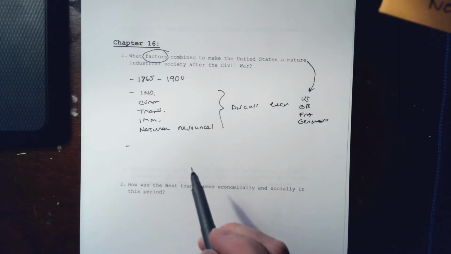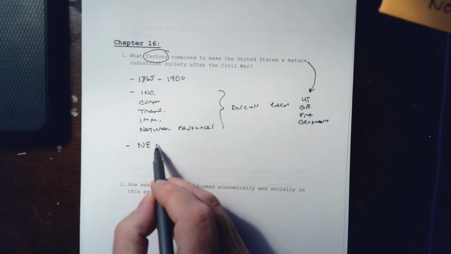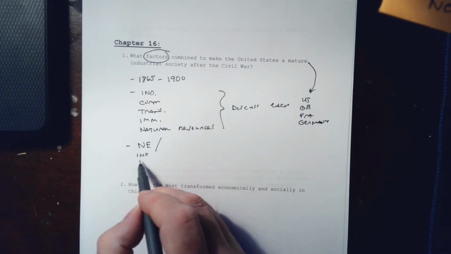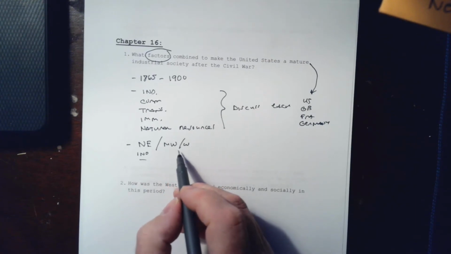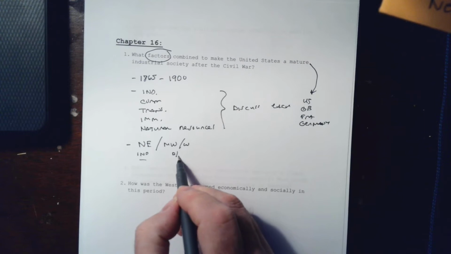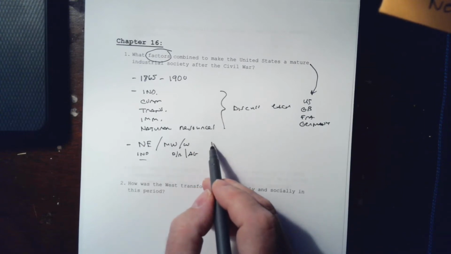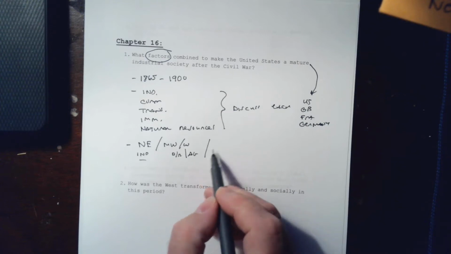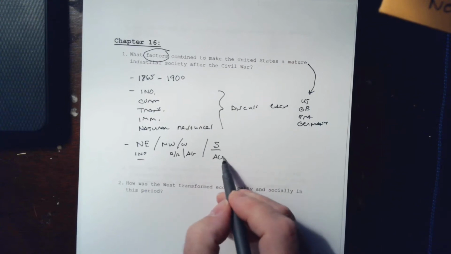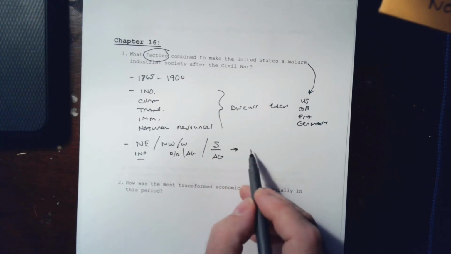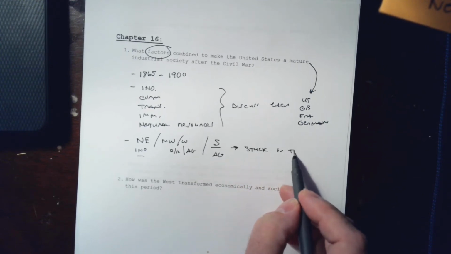All right. So I would have to say, if you're going to focus on region of the country, industry in the Northeast, Midwest and West, you're going to talk about railroads, agriculture, and then, of course, when you talk about the South, you can talk about agriculture, but you also just want to allude to the fact that they're still kind of stuck in the past, all right?